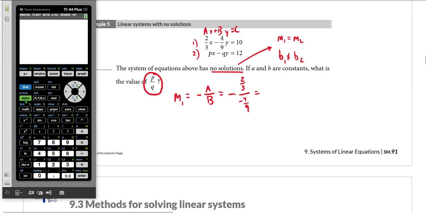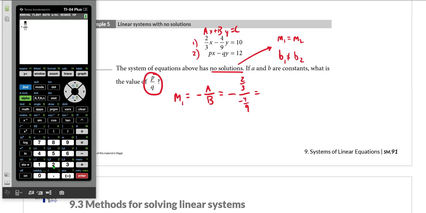There are multiple ways to enter this calculation in your calculator. I'm going to do it using my fraction layout just to make this a little bit nicer. So I'm going to do negative and then alpha F1 enter, and then I have a fraction in the numerator and a fraction in the denominator, which means I'm going to do alpha F1 enter again.